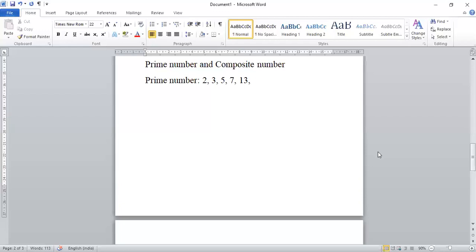So 13, 17, 19, yes, 23. These are the prime numbers, the numbers which come only in their own table, and the other factor is 1.